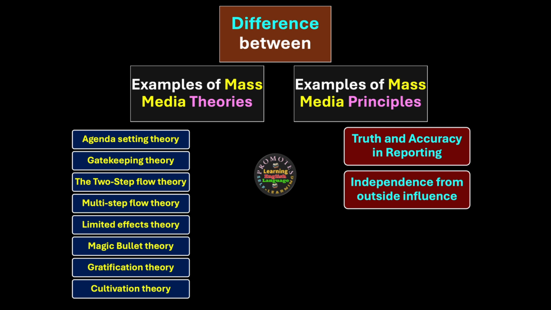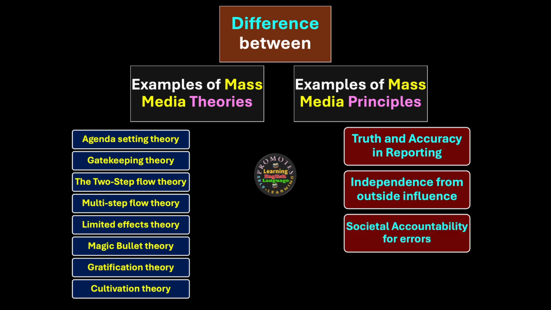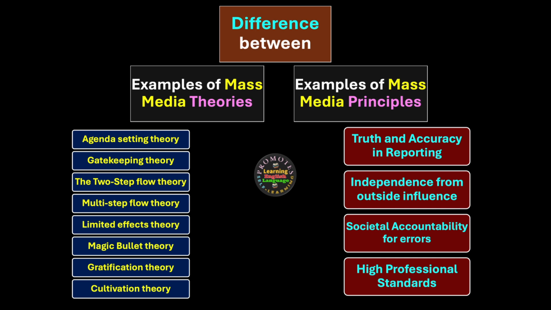Mass media should try to refrain from all such outside influences in order to maintain neutrality and truthfulness. Societal accountability for errors: the agency of mass media must take accountability collectively if it commits an error or makes a mistake. High professional standards mean that media organizations should not be biased.